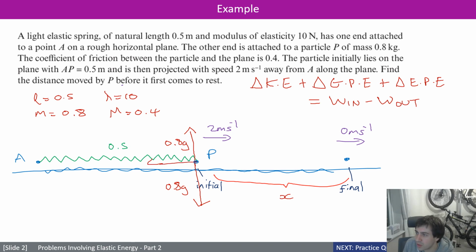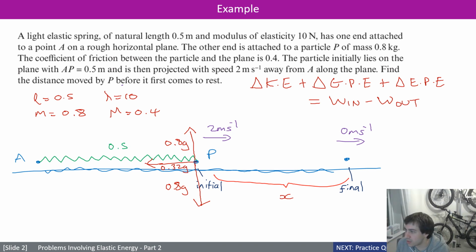And that friction is going to be mu times the reaction, which is 0.8 g. So we're going to have 0.4 times 0.8 g, that's 0.32 g. Okay, so those are all the forces. You've got the weight, the reaction, the friction. I think that's everything we need.